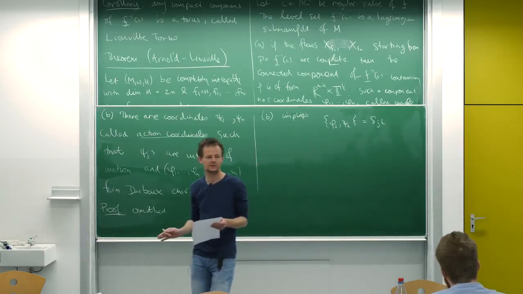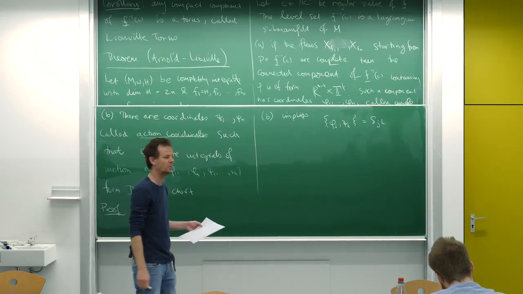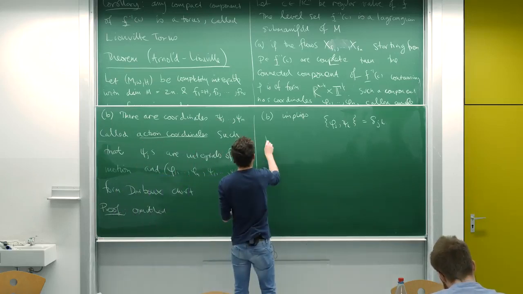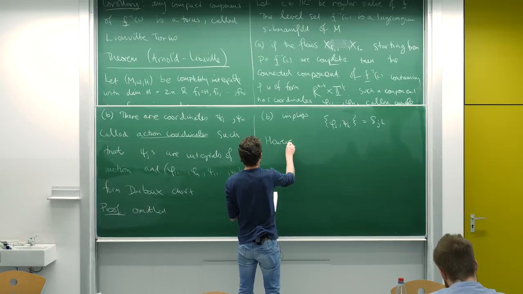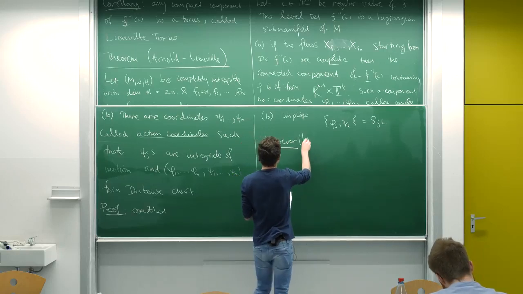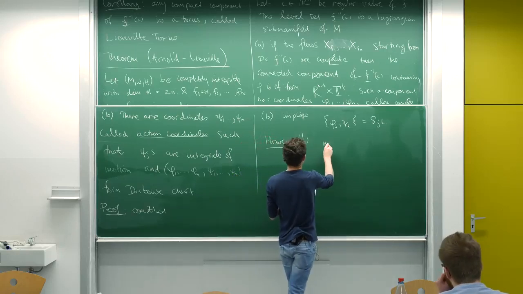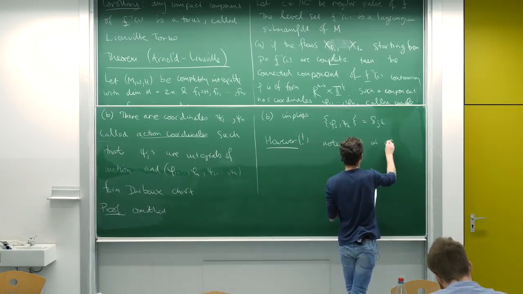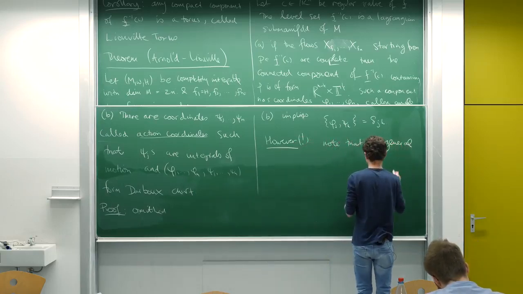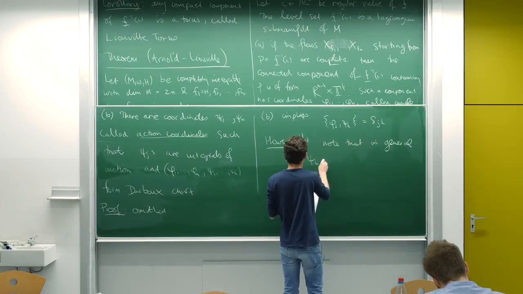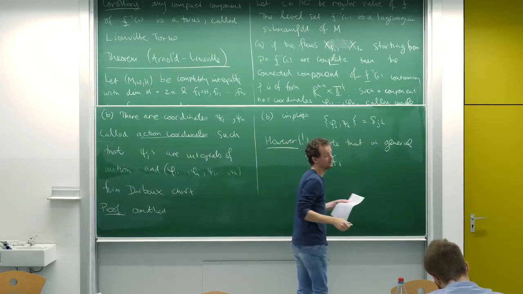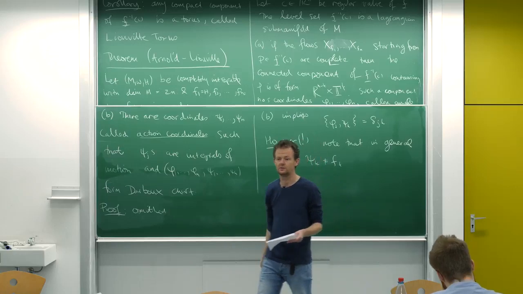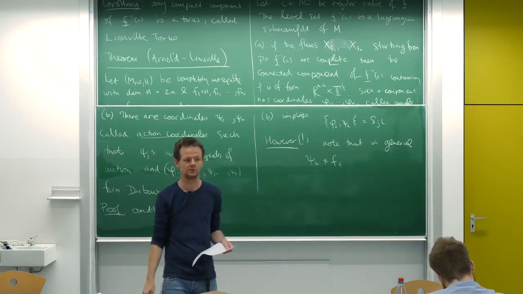However, and here's something you have to be a bit wary of. You might be tempted to think that these action coordinates are just the values of the integrals of motion.